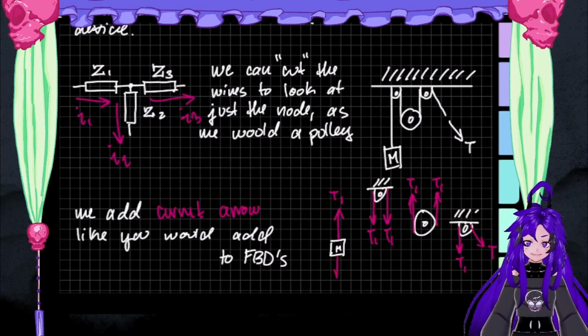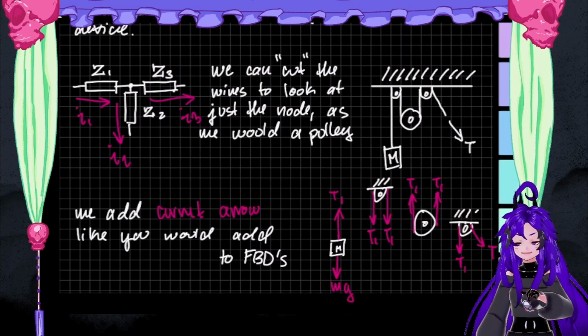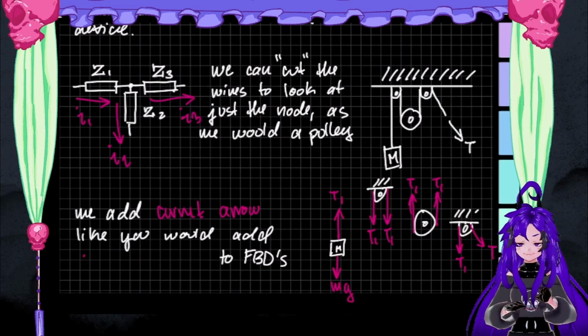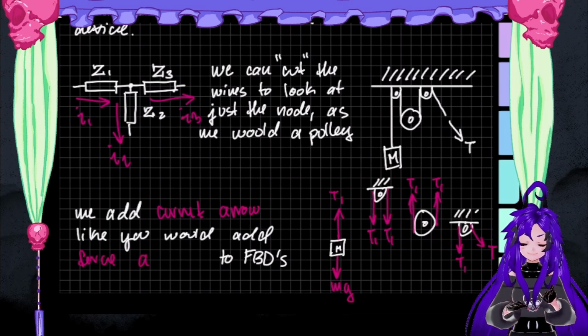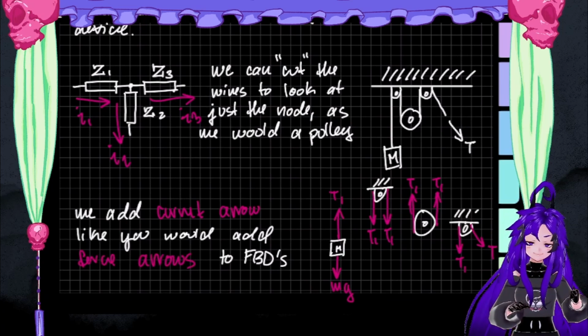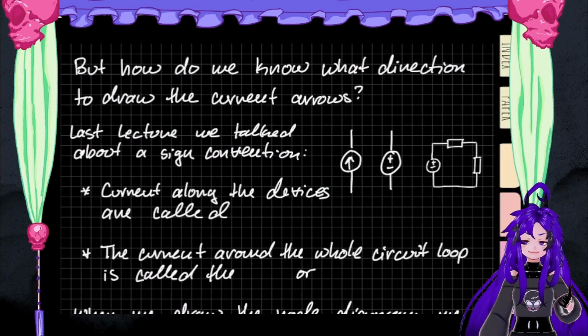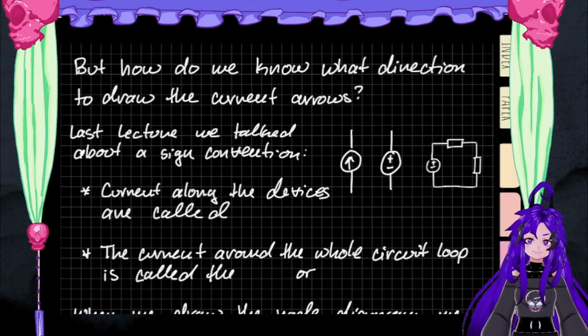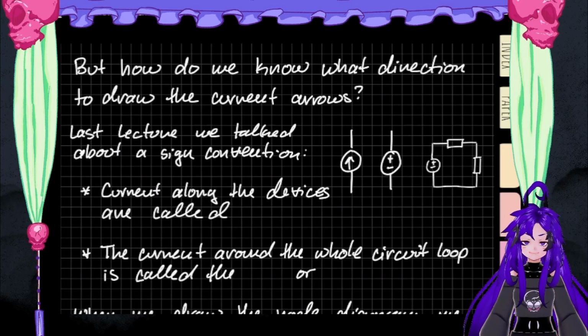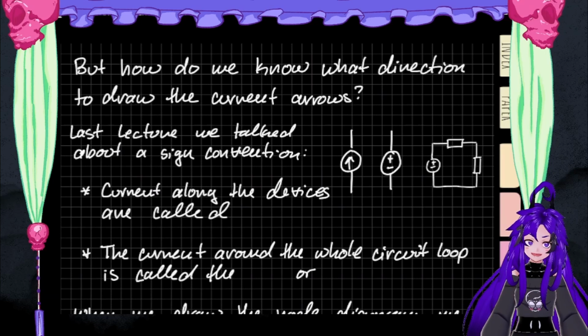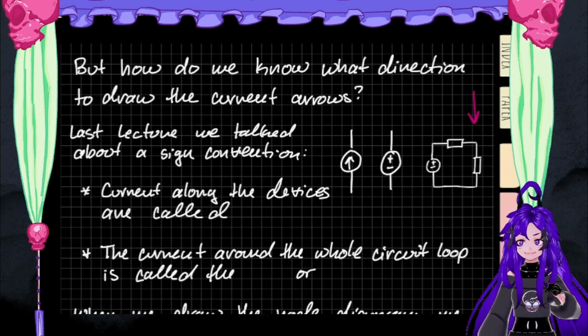There's going to be an mg here, and it is the same concept as drawing force arrows on free body diagrams. So, how did we know what direction to draw the current arrows? In a free body diagram, down is down, and that's where gravity's pulling, and it's pretty much the same.